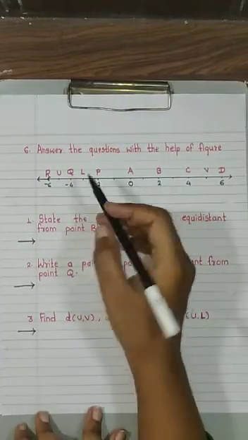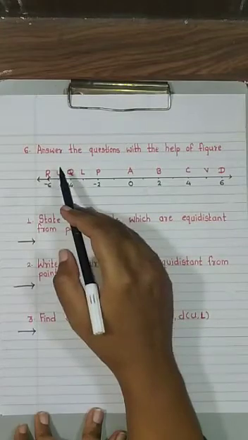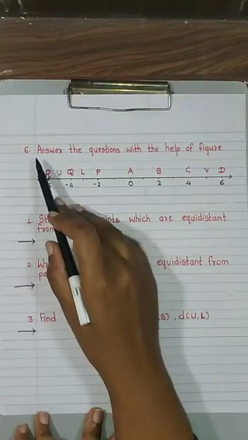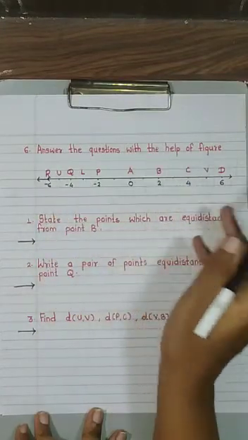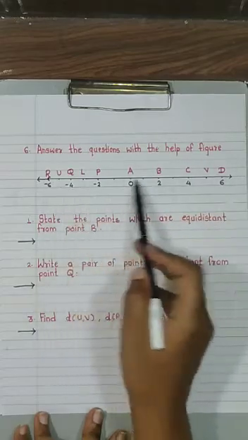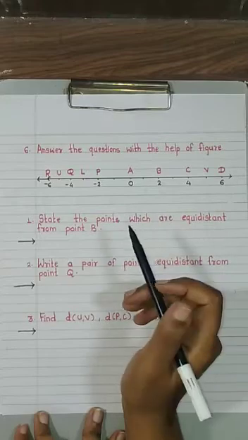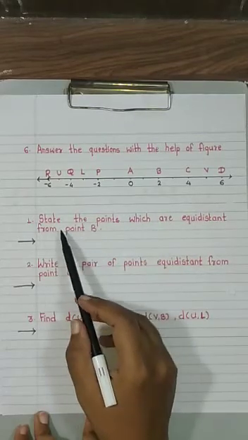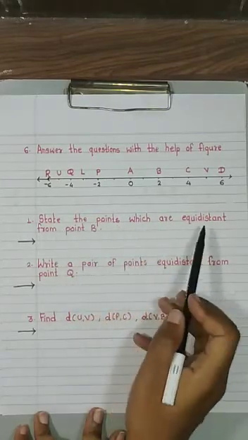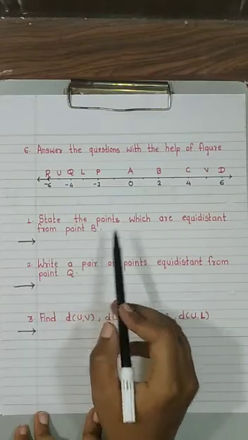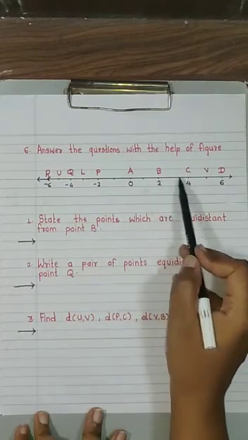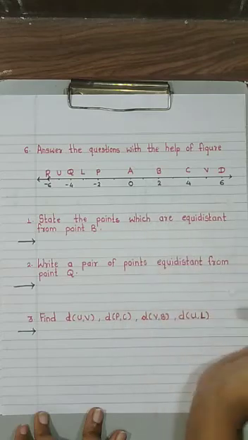Now let us see the last question in this practice set, that is question number 6. Answer the questions with the help of the figure. We can see a number line is given over here. Coordinates are also written above that line. In question number 1, state the points which are equidistant from point B. Now children, you can see from point B, C and A are equidistant.